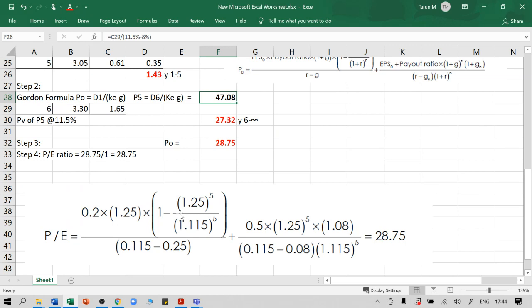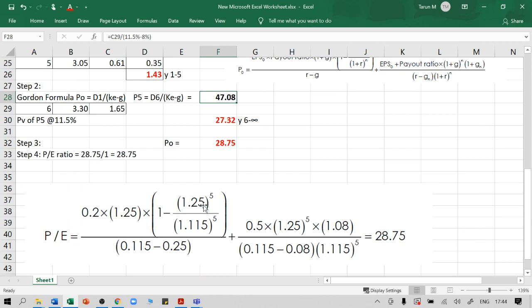Now come to the first part of the formula. In the first part, what exactly are they doing? This is actually nothing but the formula for a growing annuity. You know, in mathematics, there are many formulas. This is actually the formula for the sum of a finite GP. So in that case, 1.25 is the growth rate.